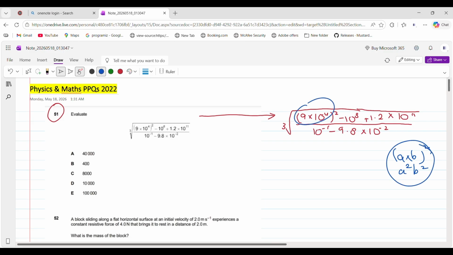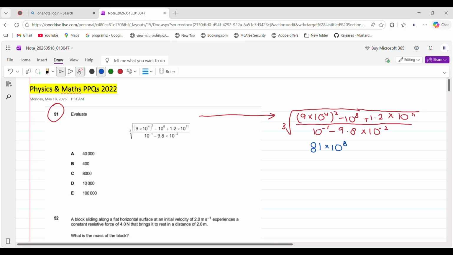Consider this A value is 9 and B value is 10 power 4. So this square would be raised to both terms. I hope this concept is clear. So 9 square is basically 81. And 10 power 4 square is 4 into 2 is 8, so 10 power 8, of course.